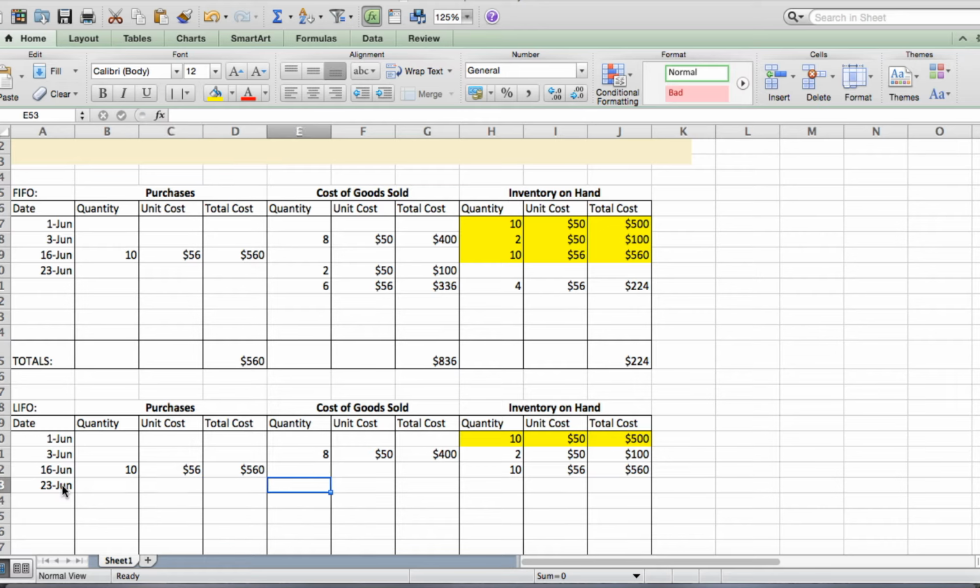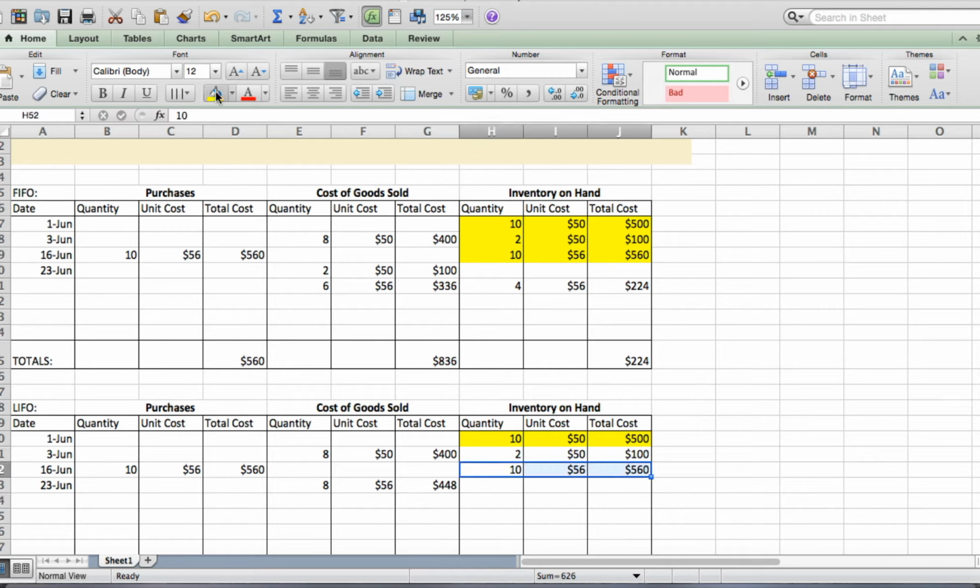So in this case, I'm selling 8 units. Each one of those is $56. And that is what? $448. Okay? So that basically didn't touch the 2 units at $50 each.